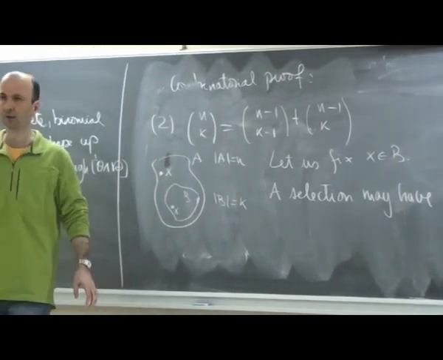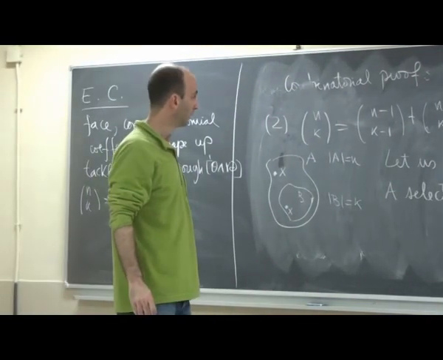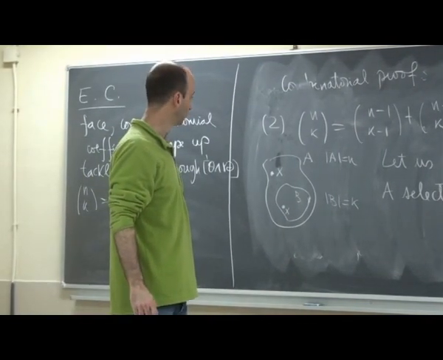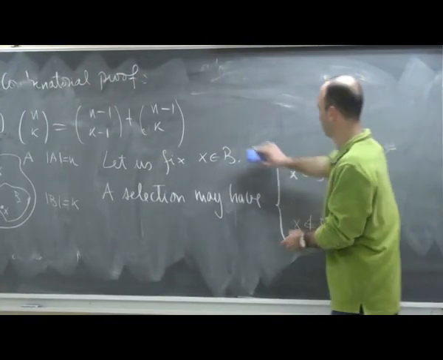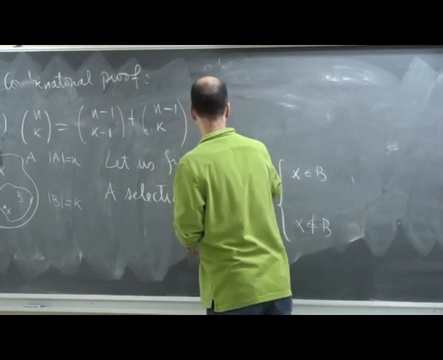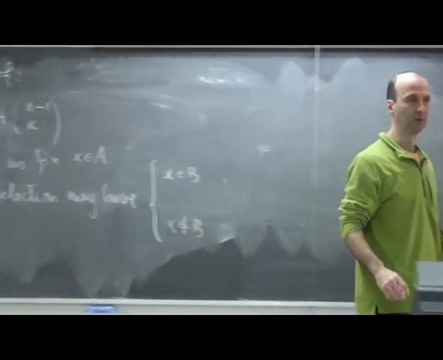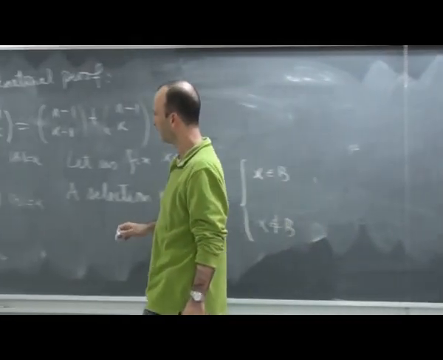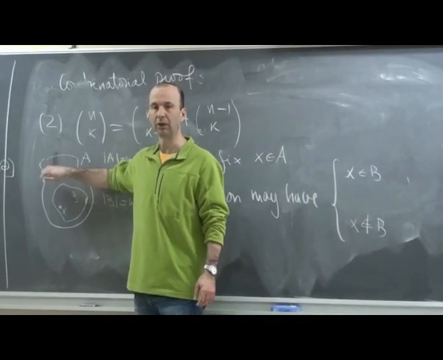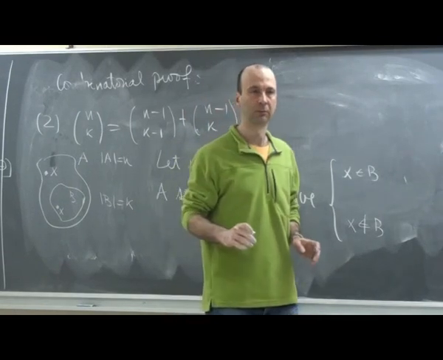Let us fix X belongs to A. So I don't want X to be in my selection. How do I count it?